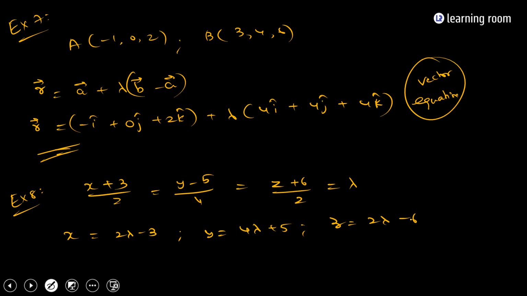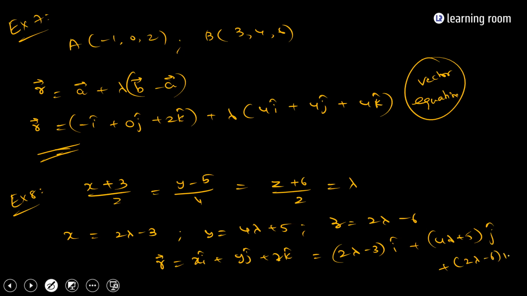So x is equal to 2 lambda minus 3, y is 4 lambda plus 5, and z is 2 lambda minus 6. What is the equation? R vector is equal to x i cap plus y j cap plus z k cap. That is the basic expression for R. In place of x, substitute 2 lambda minus 3, and so on.